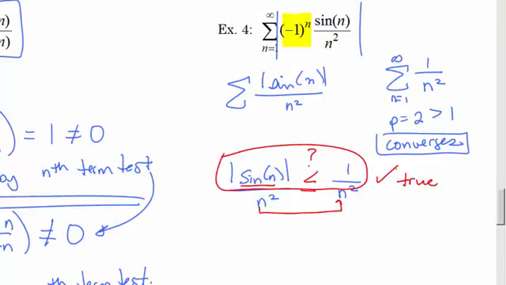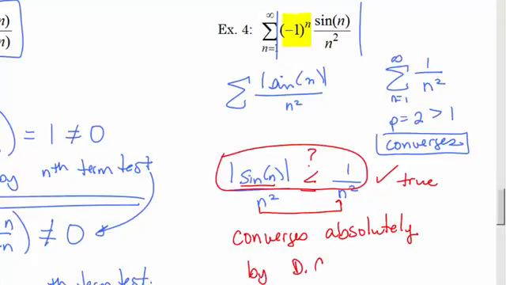So this is true. So we could say, therefore, it converges absolutely, because remember we took the absolute value, by the direct comparison test. So you're having to put together all of those different types of tests to solve these problems.